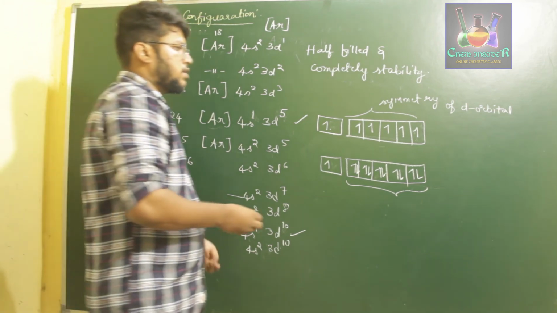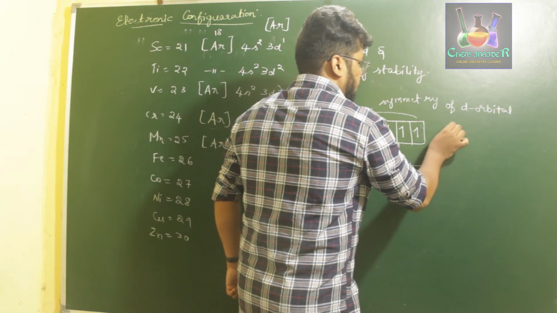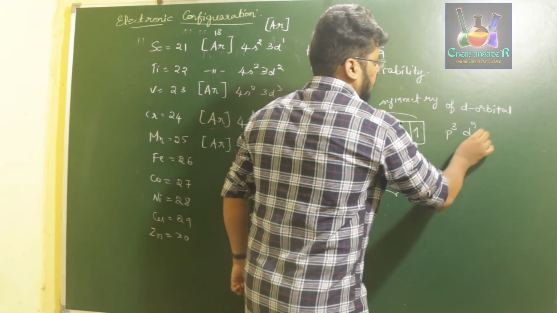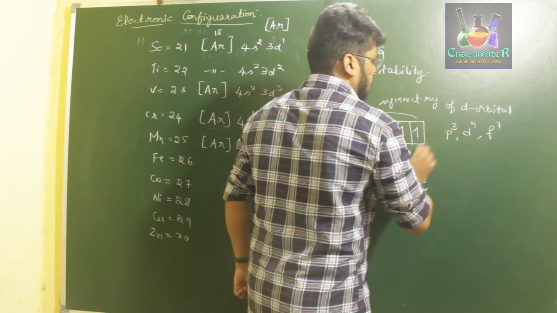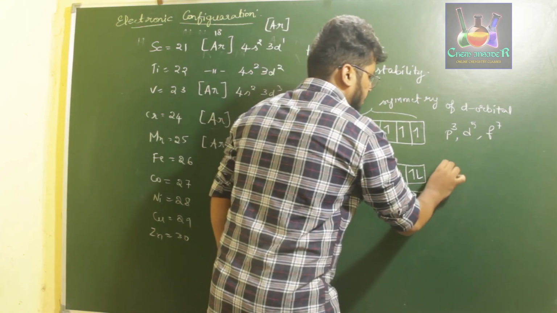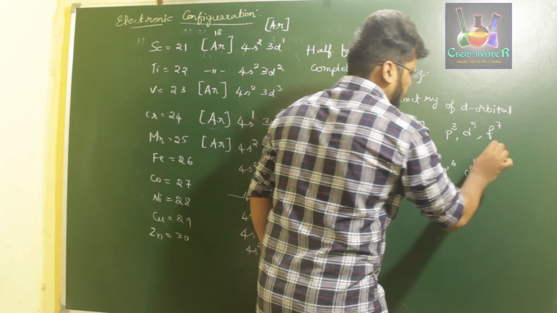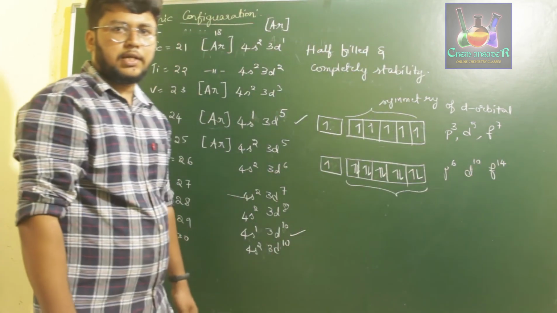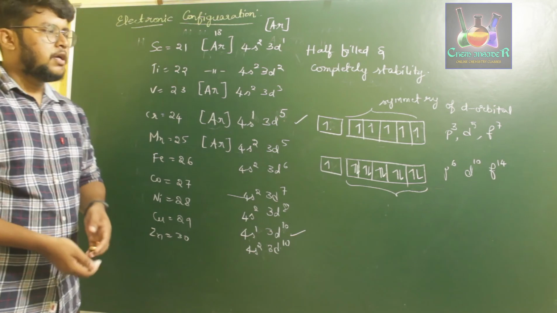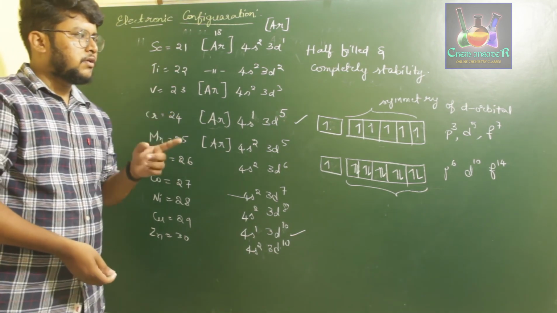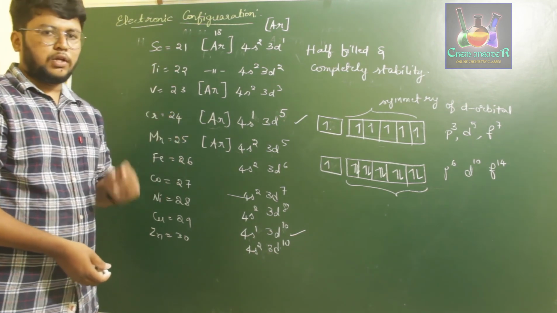So if you consider half-filled orbitals such as p3, d5 and f7, these are more stable, and again p6, d10 and f14 are more stable.